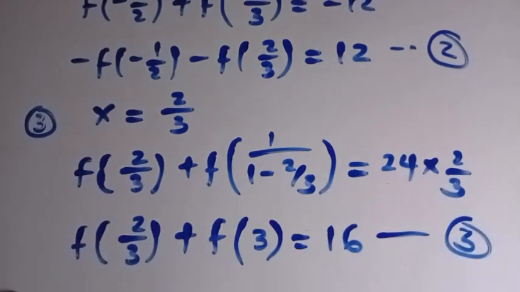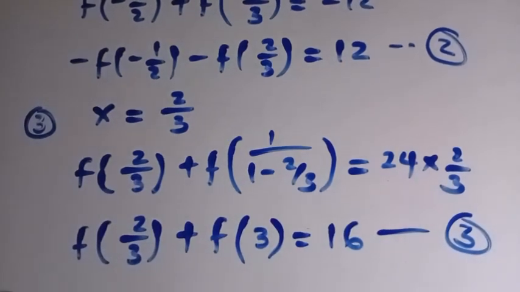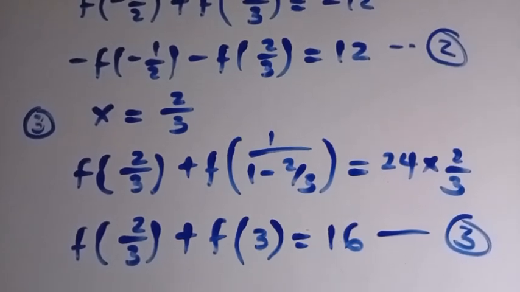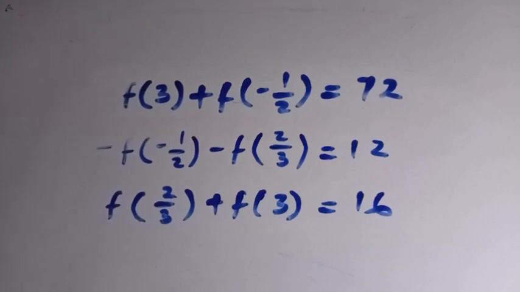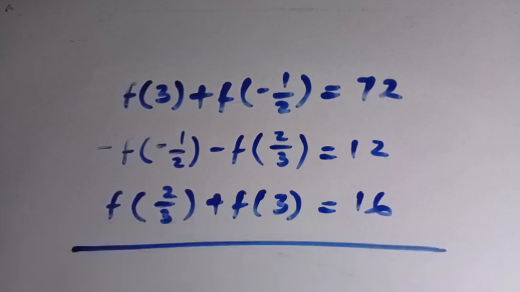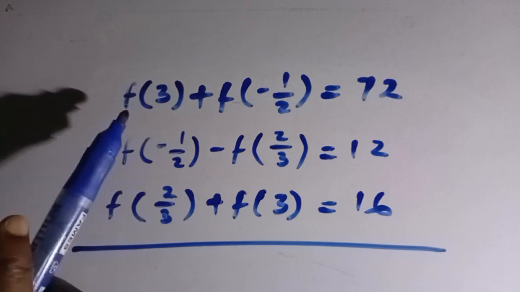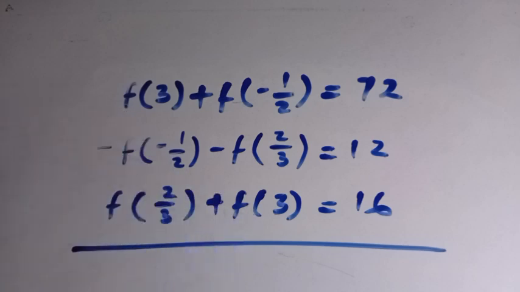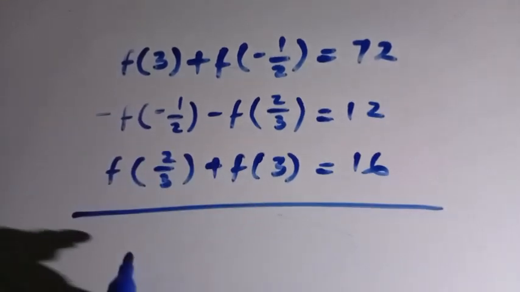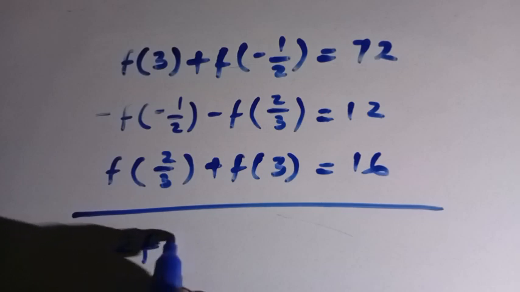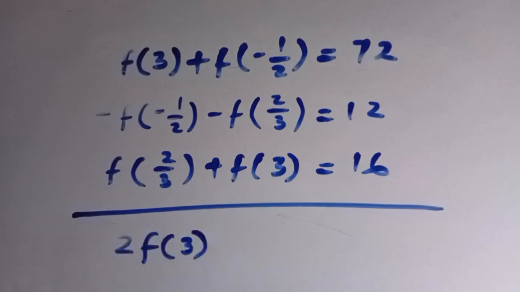So there are 3 different equations now. We are going to combine all 3 equations together and see what the output will be. Let's add everything together. This is f of 3 plus f of 3, so that gives us 2f of 3.